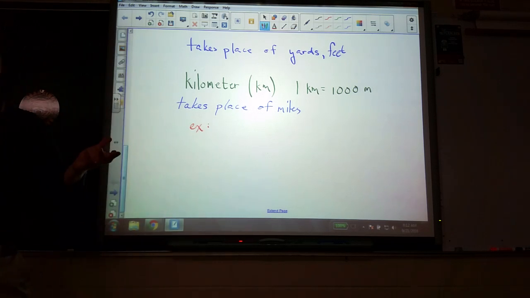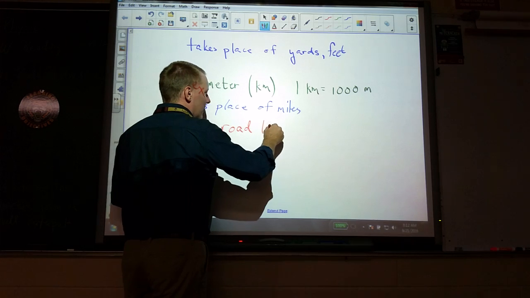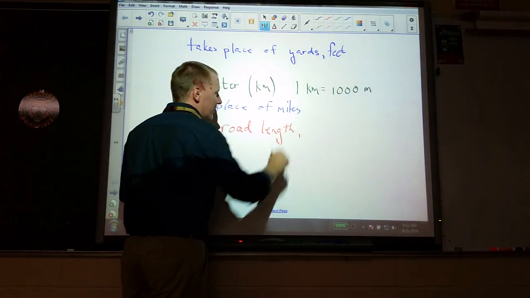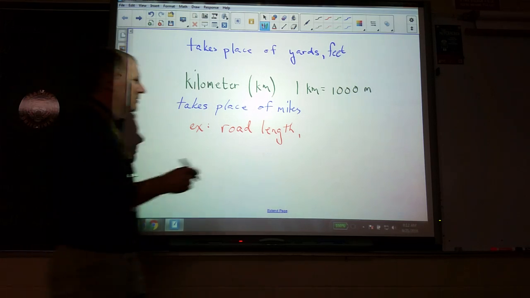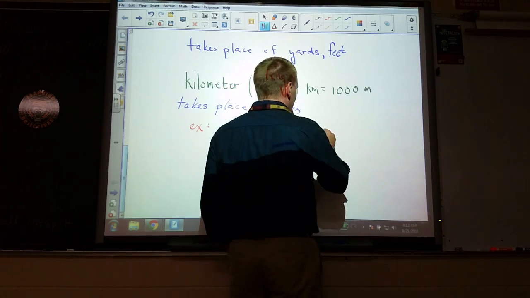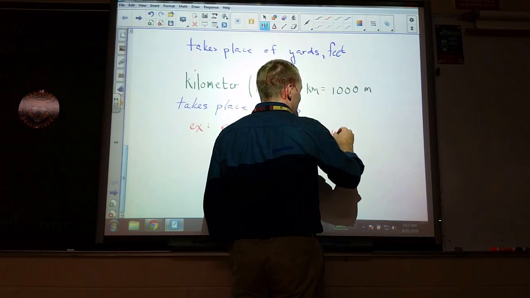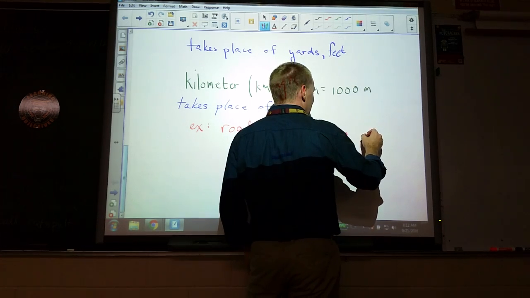So, for example, what would we measure in miles here? Roads. Road length anyway. David, you had one? Sure. So let's say driving distances. That'd be good. So that would be your house to the school, or my house to the school, or between cities.